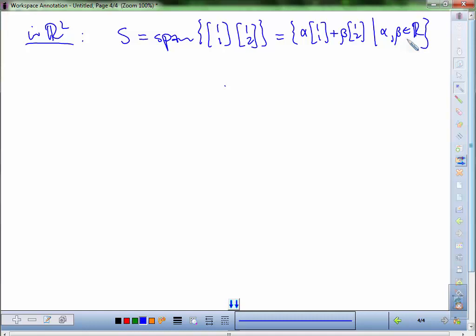So the question is, is this set a subspace of R2? Well, we have to take a look at the whole thing, because when we're taking a look at the span of something, we have to consider all possible linear combinations.